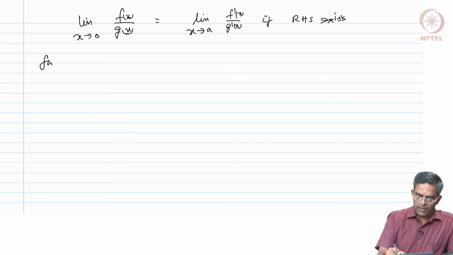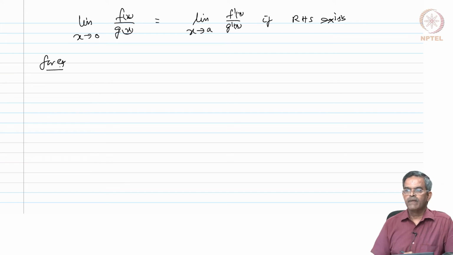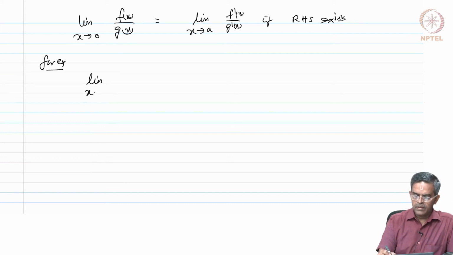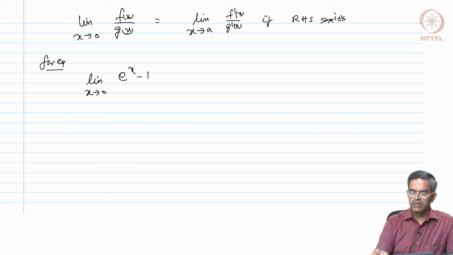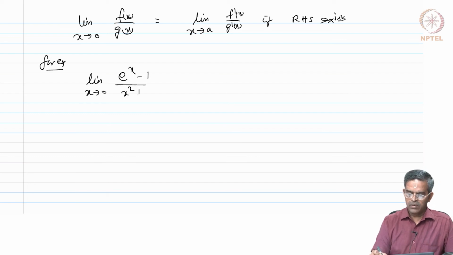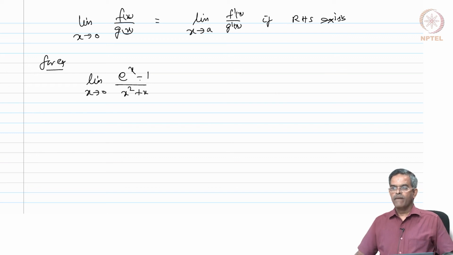Let us say, for example, limit x tends to 0, e power x minus 1 by x square plus x is of a 0 by 0 form, but the denominator derivative is not 0, is it not? It exists.